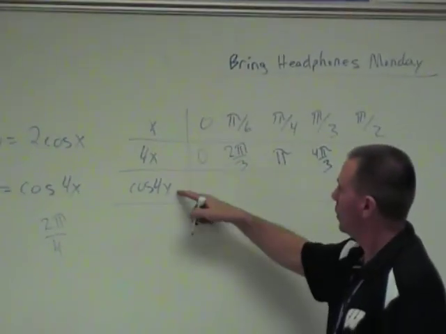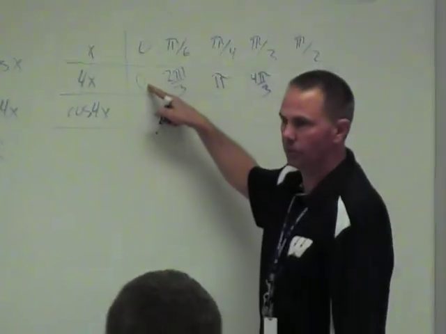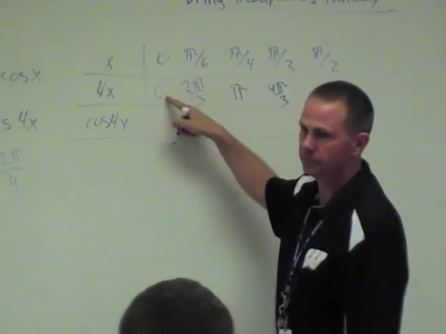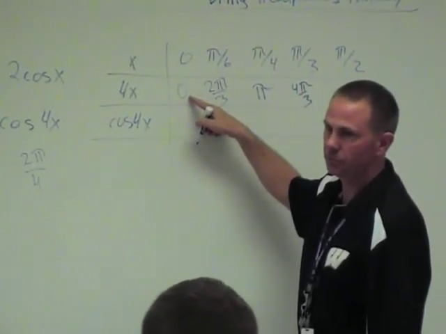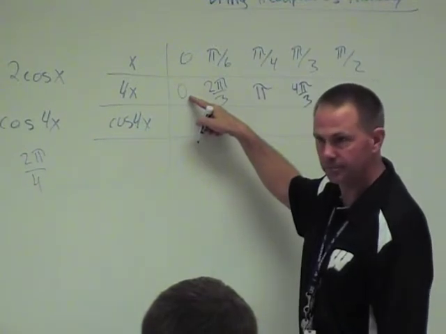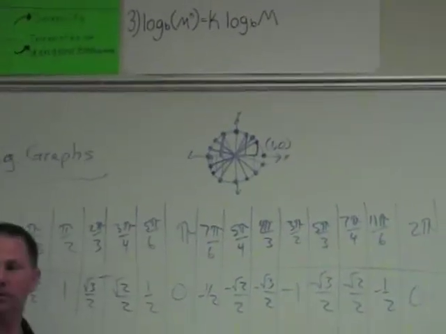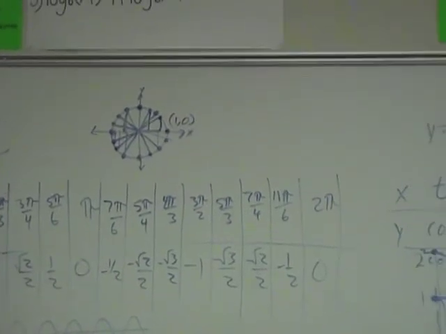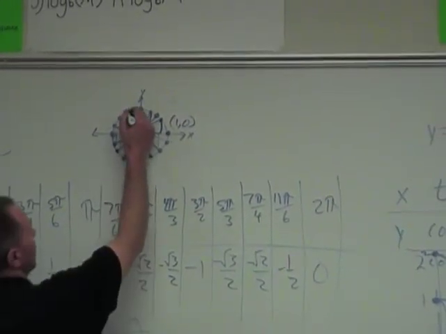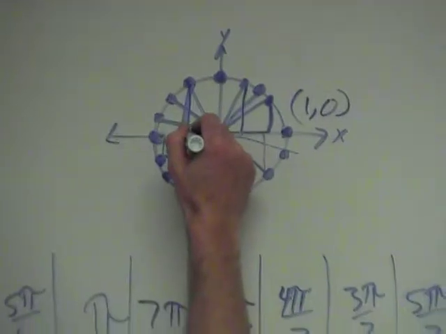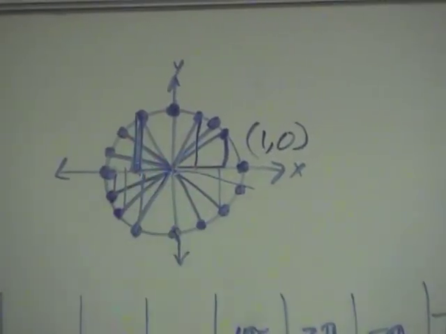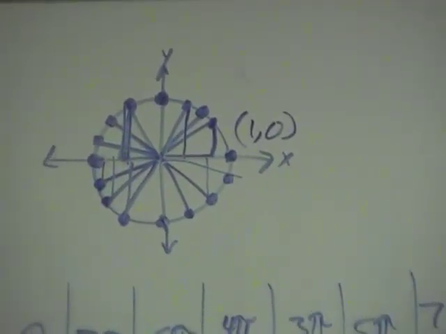So, what is the cosine at 0? What's the value of the cosine at 0? 1. What's the value of 2 pi over 3? Where's 2 pi over 3? 120 degrees. This right here. The cosine of that, the x value. What did you say it was? Negative 1/2.